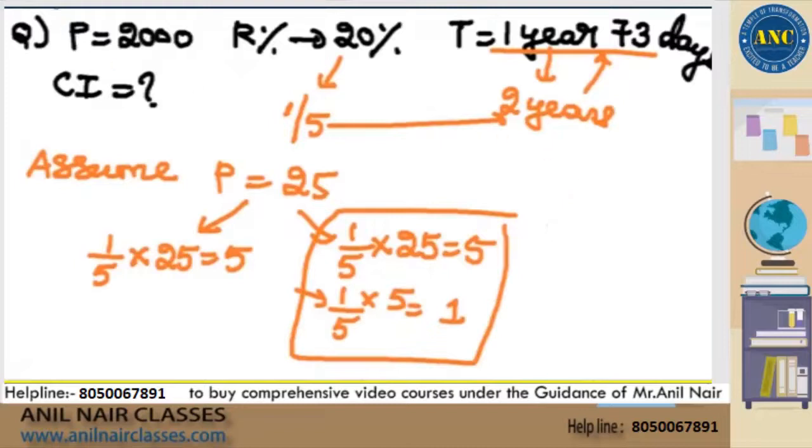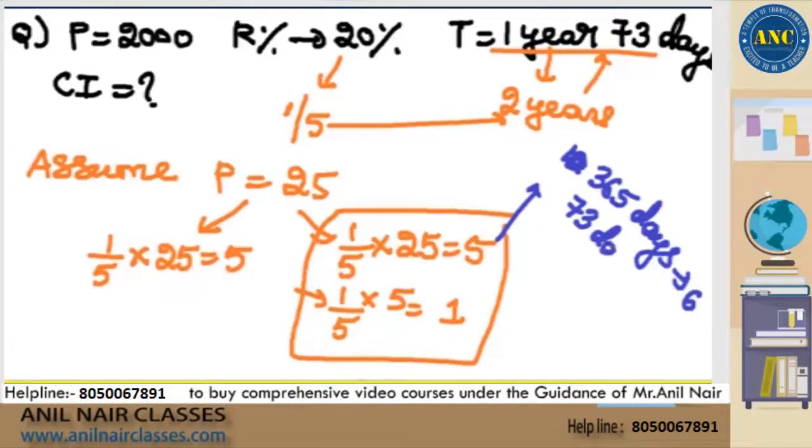Now listen carefully, sir. Second year is nothing but 365 days. For 365 days, how much value I got? 5 plus 1 is 6. But according to the question, how many days are there? 73 days are there.